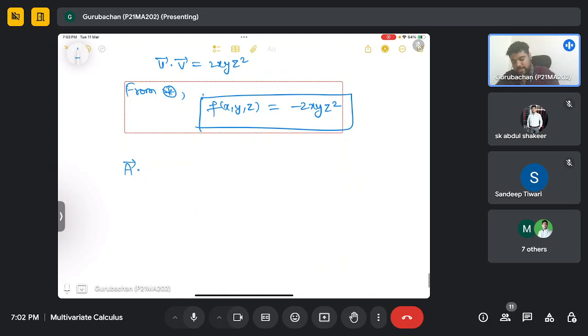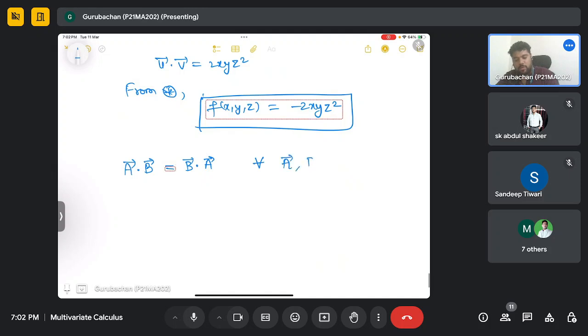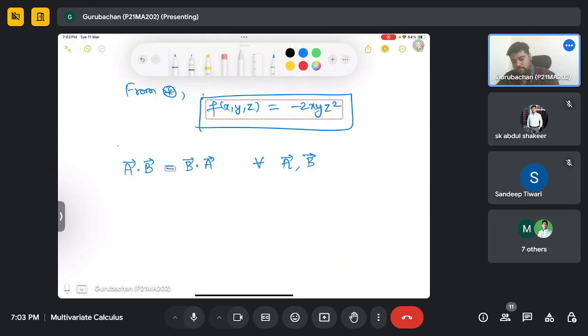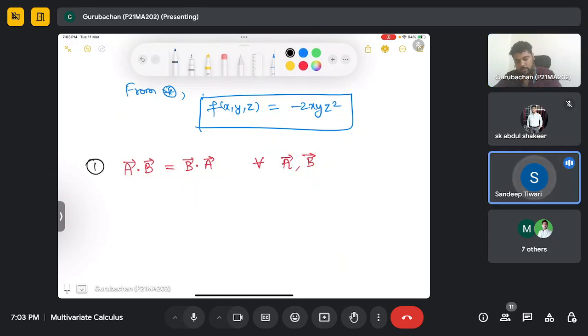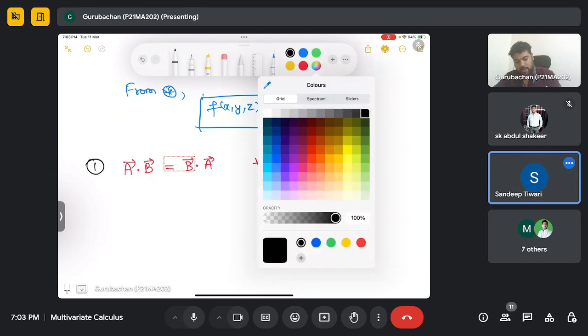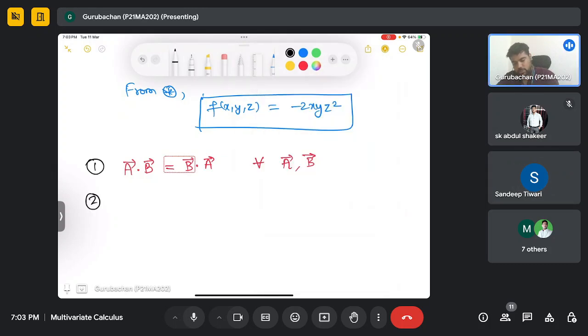So can you guarantee that A dot B is equal to B dot A for all A, B? Can you guarantee this one? This should be true. Okay. If that is so, what about this one?